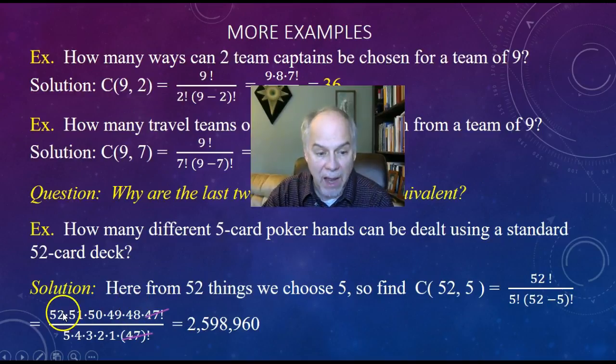Well, on the top, 52 factorial could be written as 52 times 51 times 50 times 49 times 48 times 47 factorial, and I can cancel that with the 47 factorial on the bottom. So then I can just multiply.